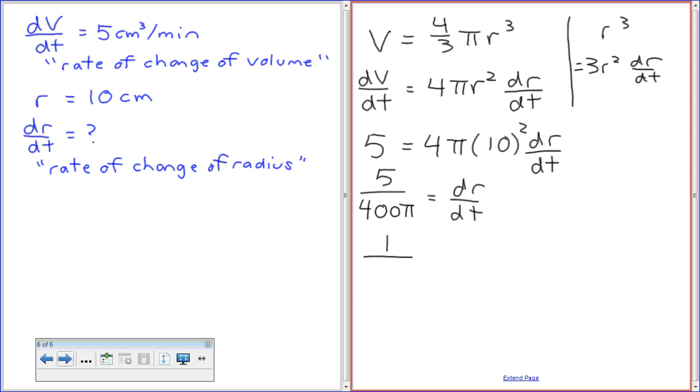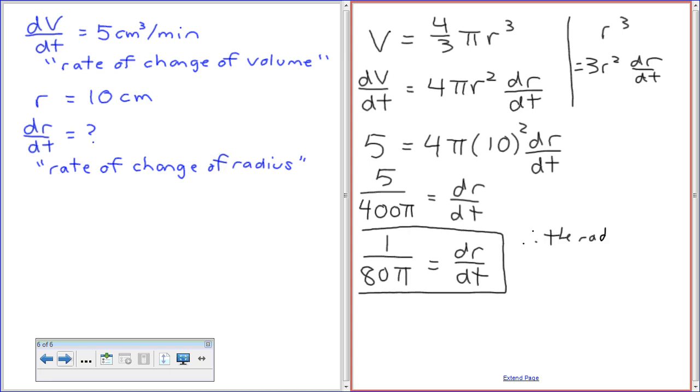So that's 1 over 80 pi. The radius is like 10. Oh, right, I forgot that we should have put in decimals. Okay, we'll leave it with 1 over 80 pi.